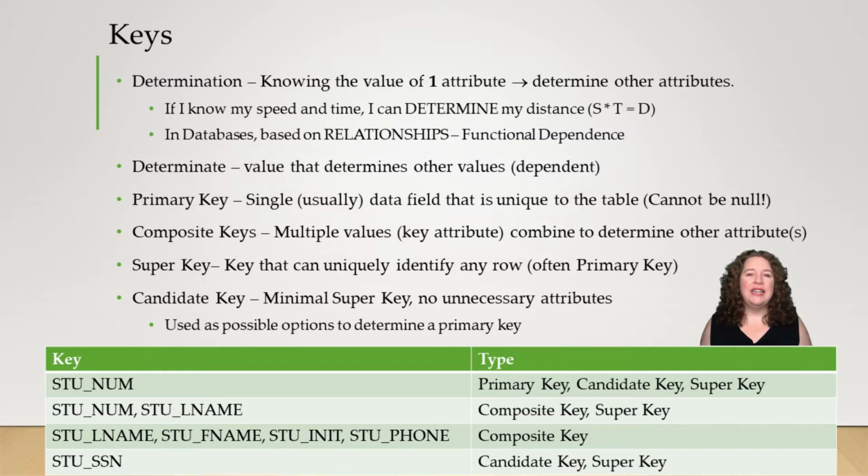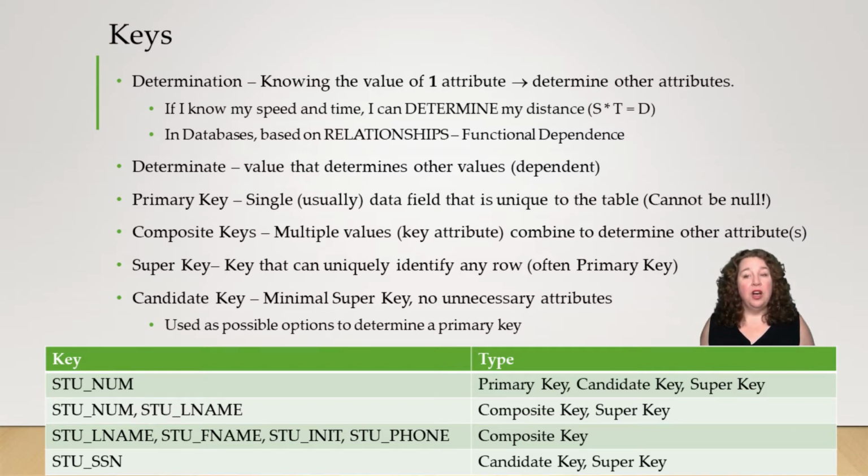I probably have an ID number somewhere in the database, but if I've entered my SSN, it's probably pretty unique, and I should be able to use my SSN to run queries if I needed to be able to get my records out. So an SSN, for example, is a super key. It's a key that is unique, that can be used to identify any row.